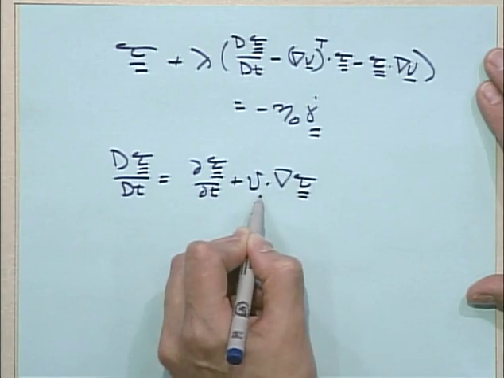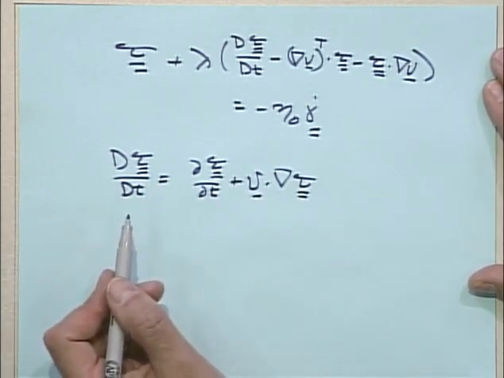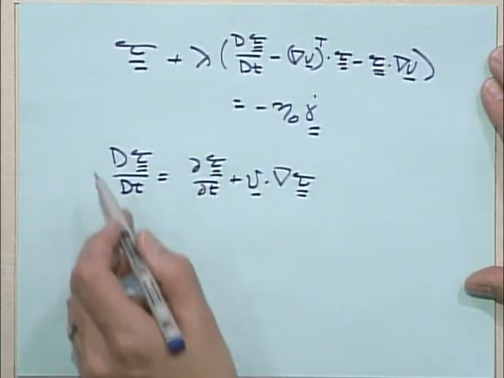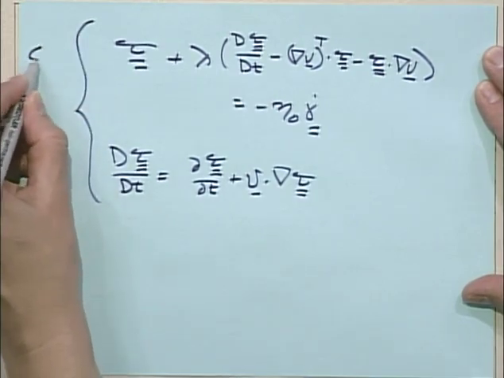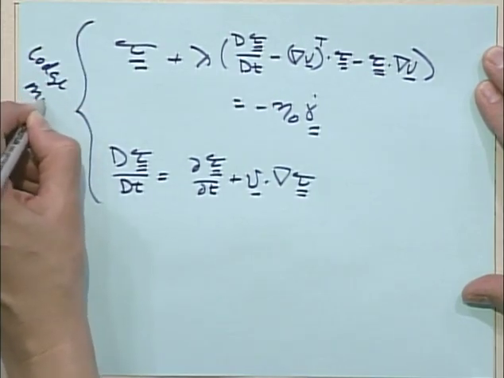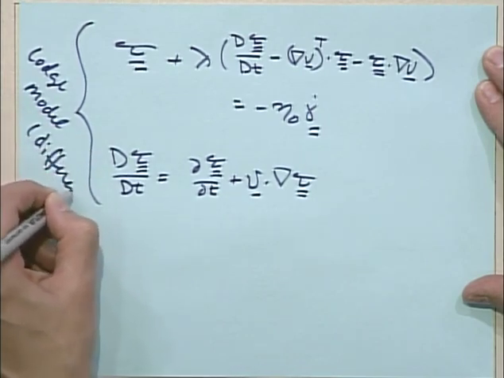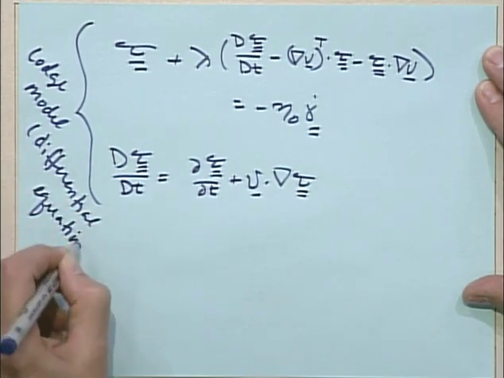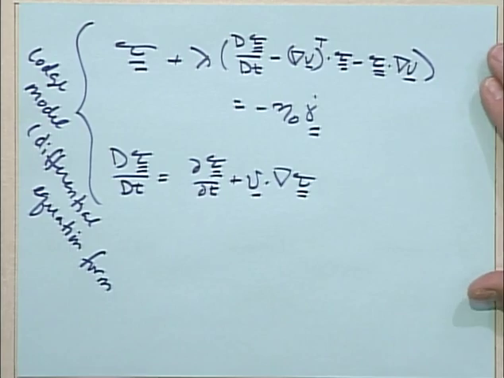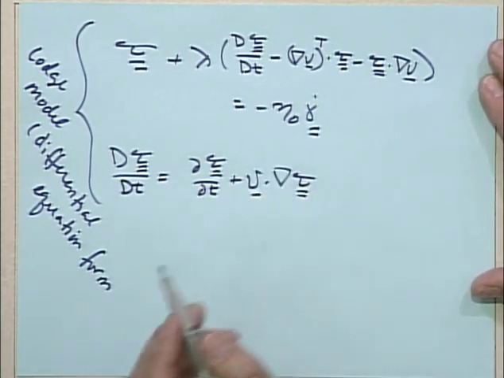You may remember this substantial derivative notation from the Navier-Stokes equation. So this is the differential equation that corresponds to the Lodge model. And it introduces the idea of the time derivative, the special time derivative.